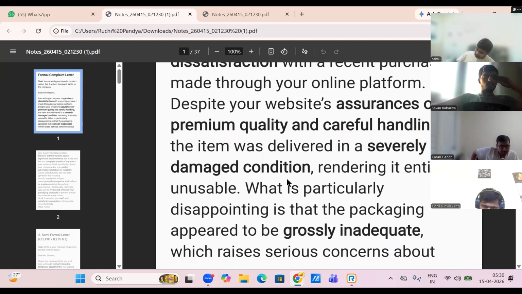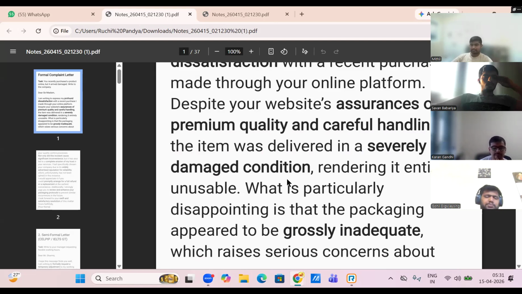That means it was in such a damaged condition that it was not usable at all. Rendering it entirely unusable. So rendering means to cause something to be in a certain condition. Here the condition is unusable condition. To cause it to be like that.